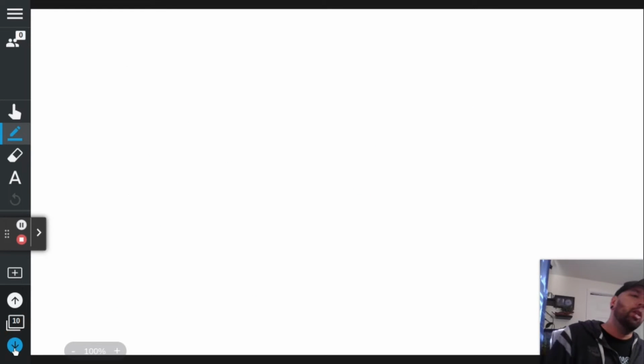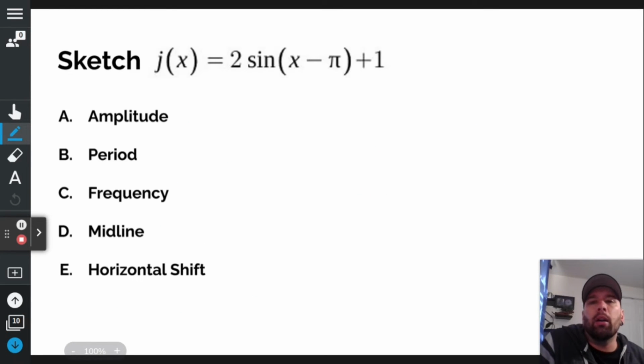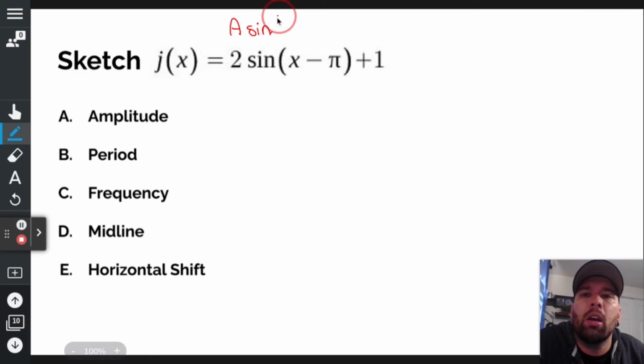Let's do another. Now we're kind of getting into sinusoidal territory where we're dealing with shifts. So I like to compare this to the equation A sine of B(x minus C) plus D. A is the amplitude.